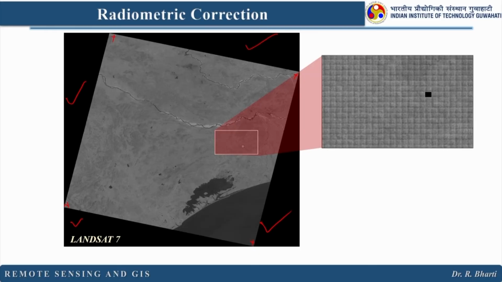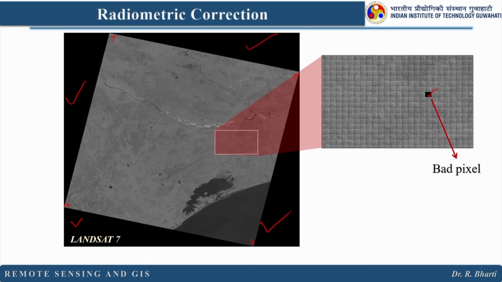If you see this particular area, we have found one particular bad pixel. Here this is black, right, and all other surroundings are bright. So it clearly indicates there is a problem with this particular pixel. It is known as a bad pixel.